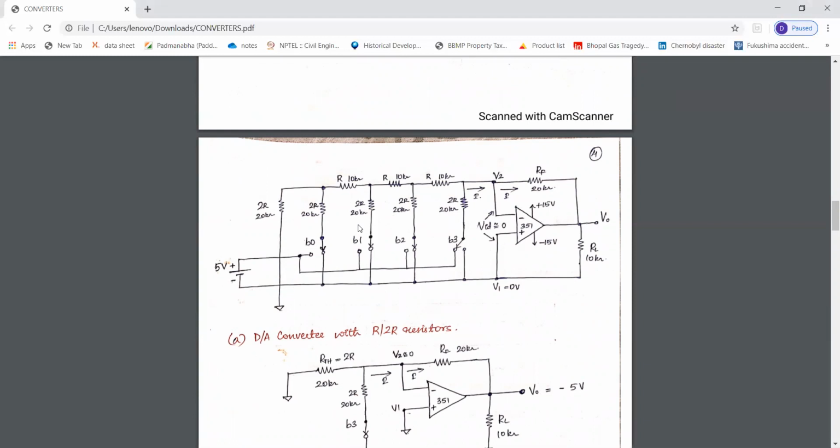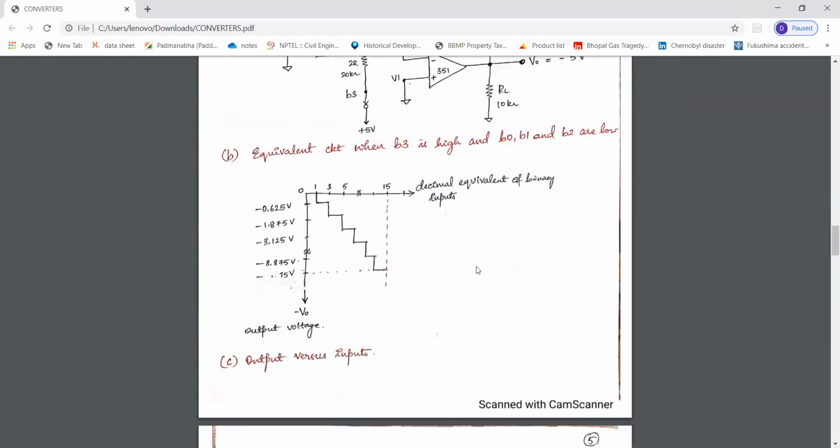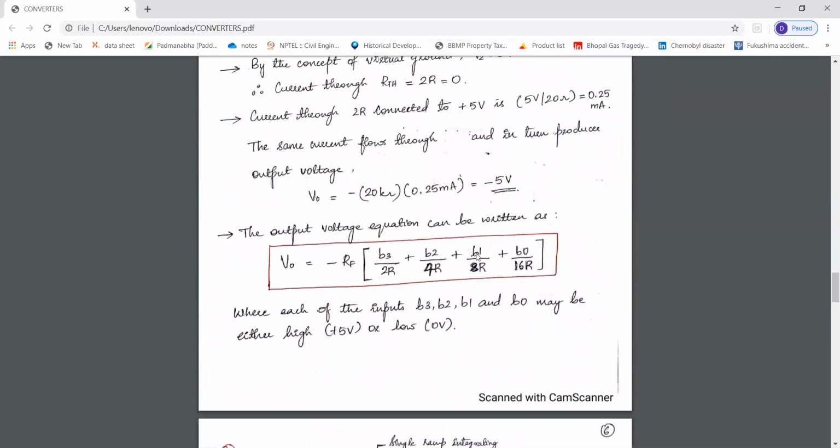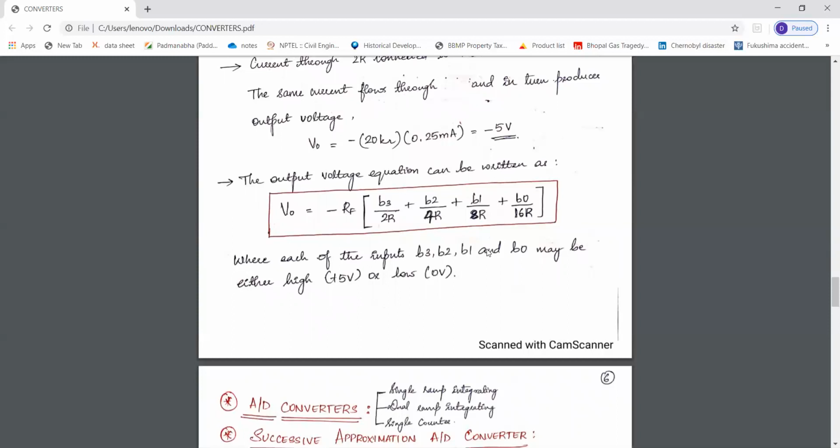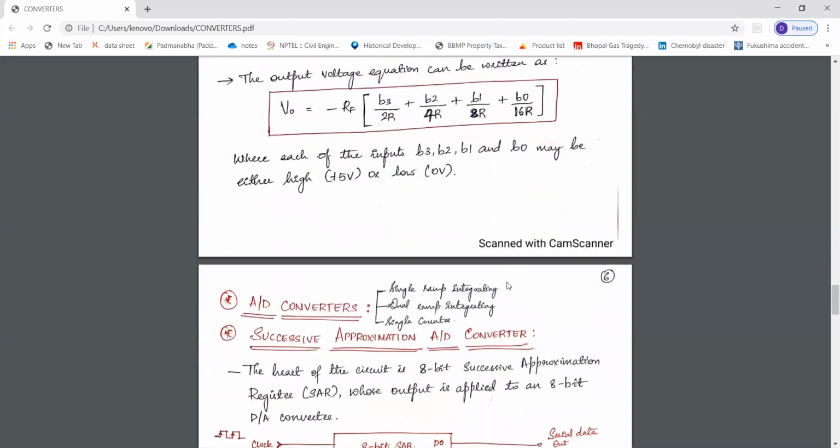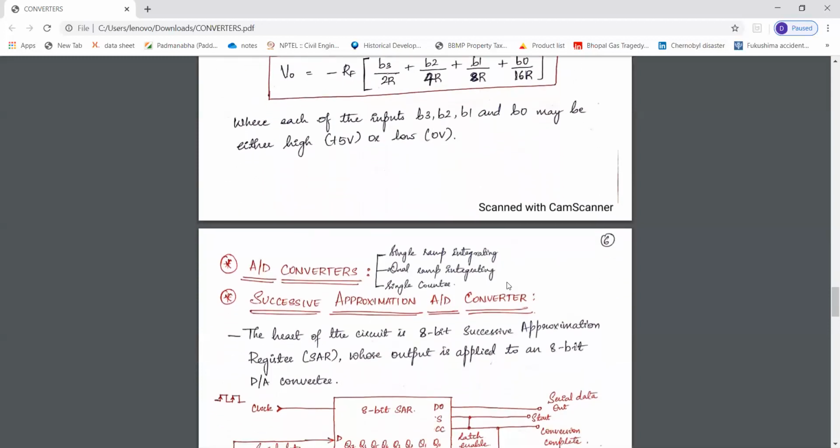It keeps on multiplying by the factor 2. So here also B0 can be either 5 volts or 0 volts. So this is about the R to 2R DAC converter.